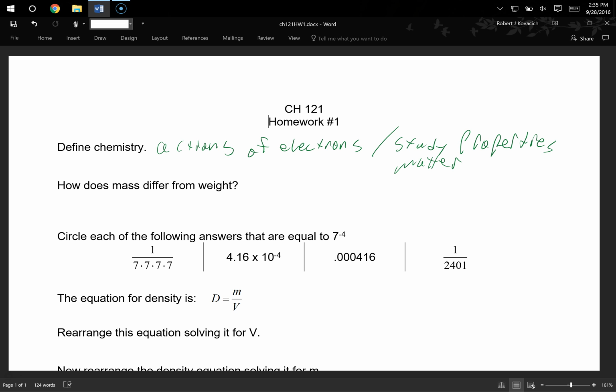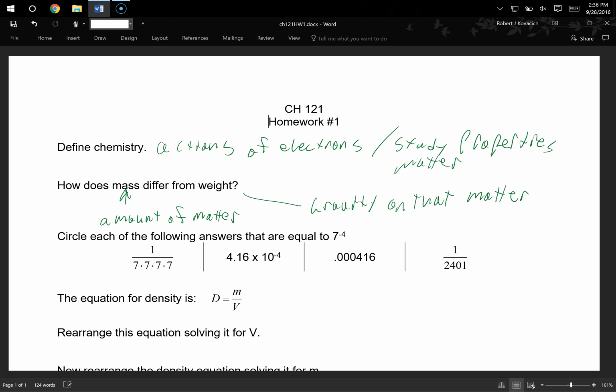Differences between mass and weight. What do we got? Mass is size. No, it's not. Mass is like how much matter you have. Okay, so this is amount of matter, and your weight is gravity on, let's go with on, that matter.